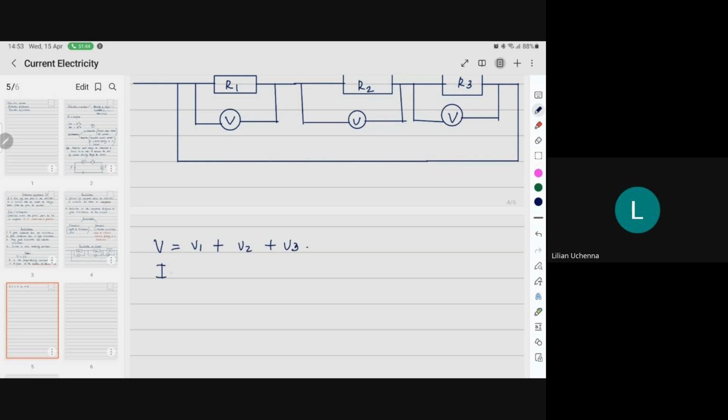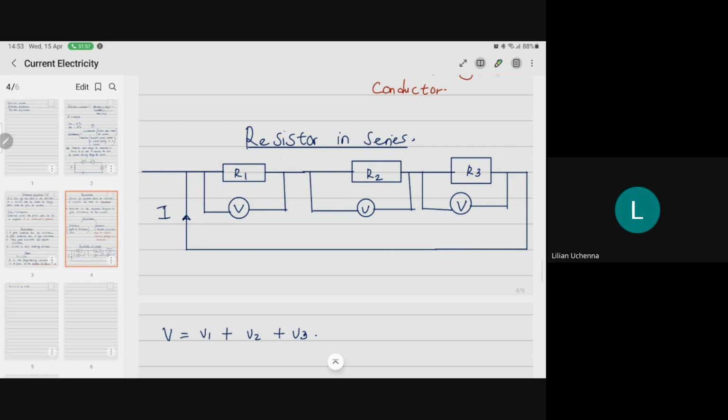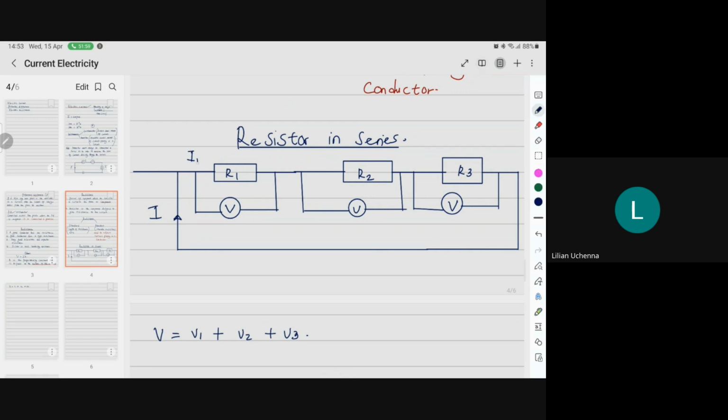But your I1 will be equal to I2, which is equal to I. Let's put in that the current flowing through here is I. Here we'll have I1, I2, I3, and for this place we'll have the V. So this is my V1, my V2, and this is my V3.